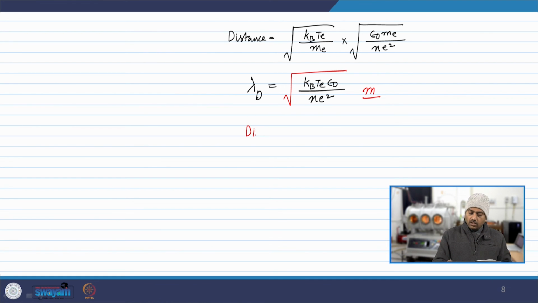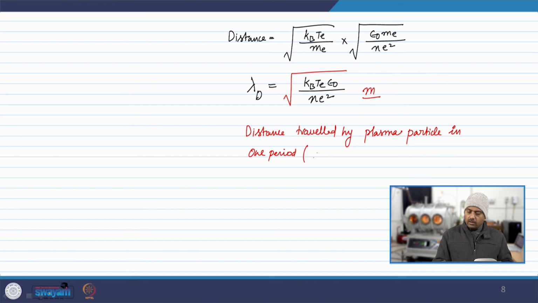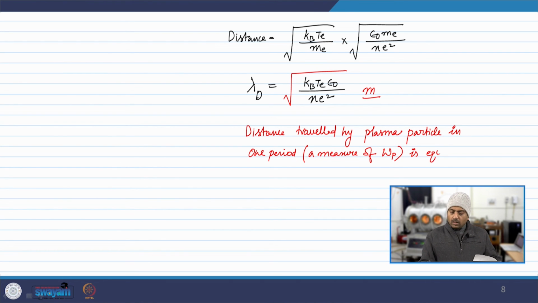What is it? The distance travelled by the plasma particle in one period, which is actually a measure of plasma frequency, is equal to Debye length.